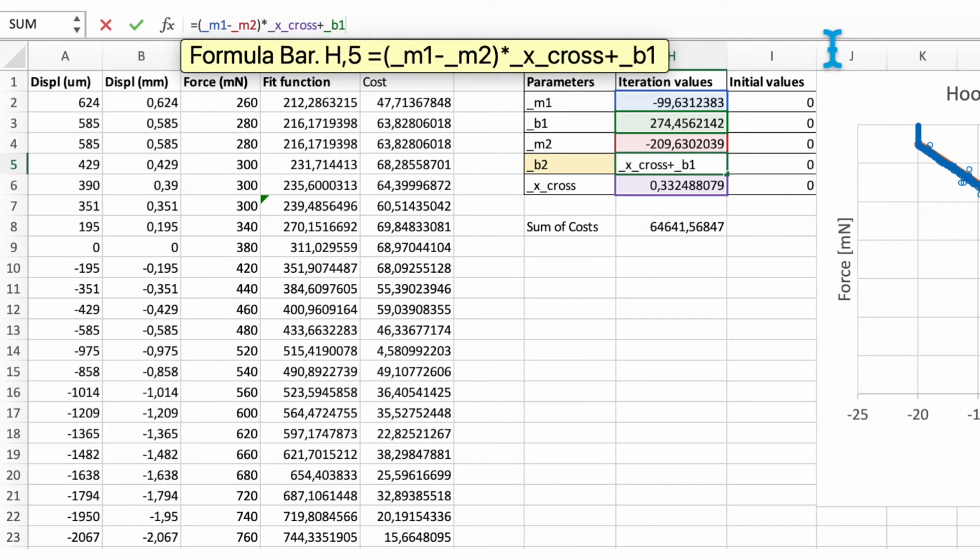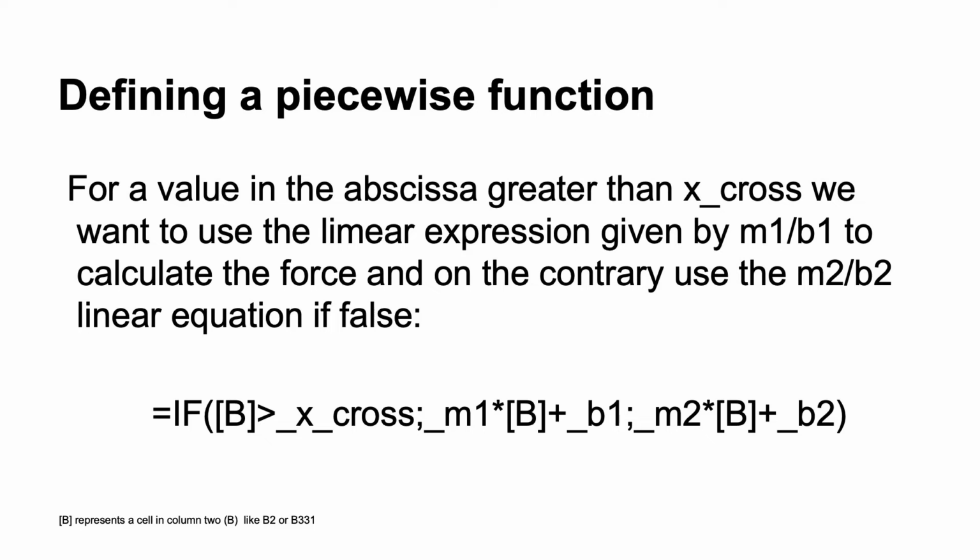And this is the only parameter dependent on the others, so it will be described by its own formula. We will write that the force is equal to an expression given by two different linear equations depending on the condition of the displacement value in column B being greater or smaller than x-cross.